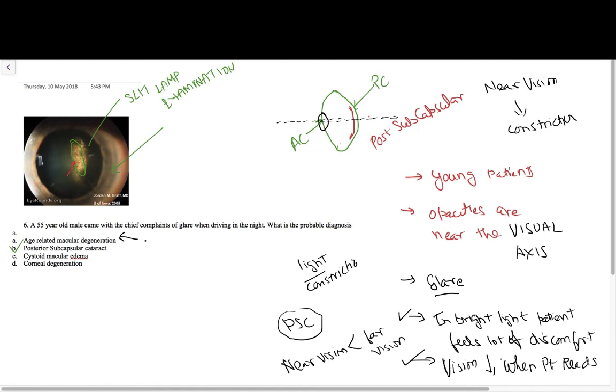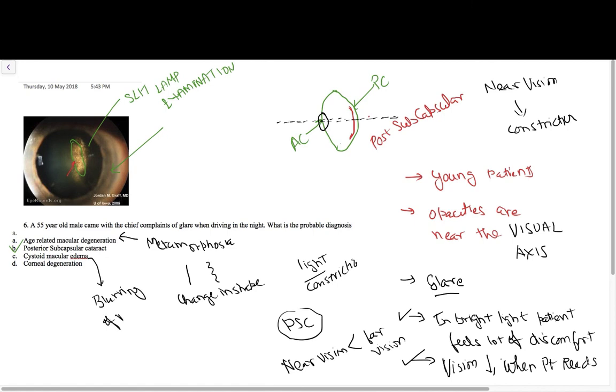In ARMD, the chief complaint is metamorphopsia. What is metamorphopsia? Let's say if there is a straight line, the patient sees the line like this. So there is change in shape. Okay. In cystoid macular edema, there is a blurring of vision.